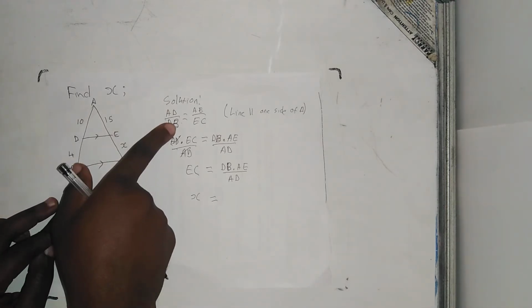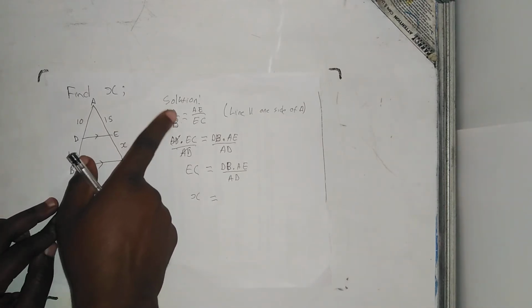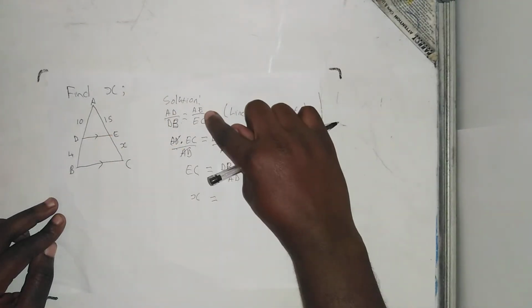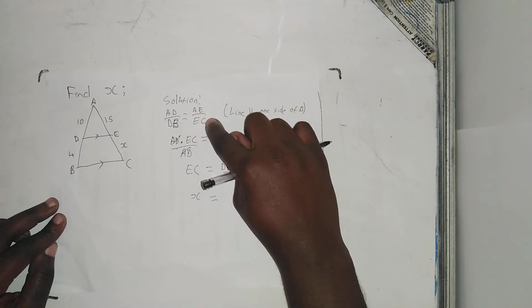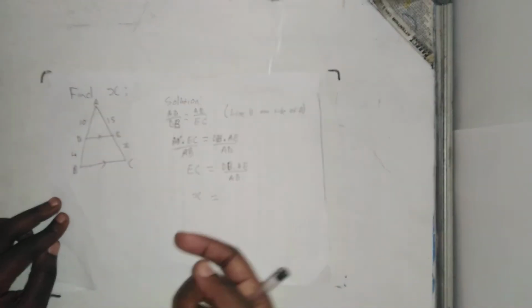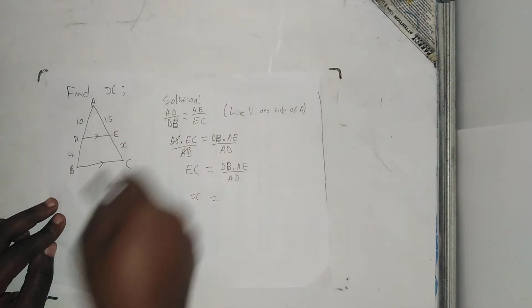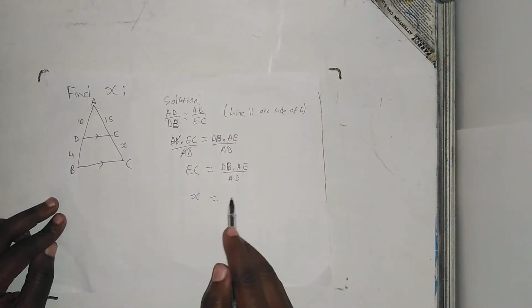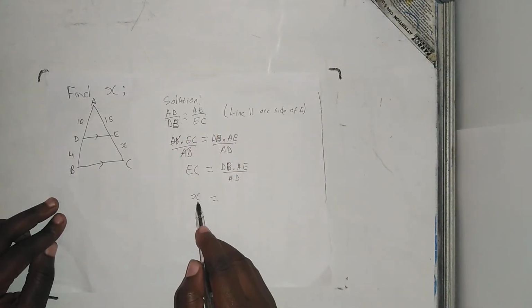So we're saying AD over DB is equal to AE over EC. Okay, and then we cross multiply, and then we get this and this, and you saw what we did, and then we end up with this. And then EC is X, as you saw.